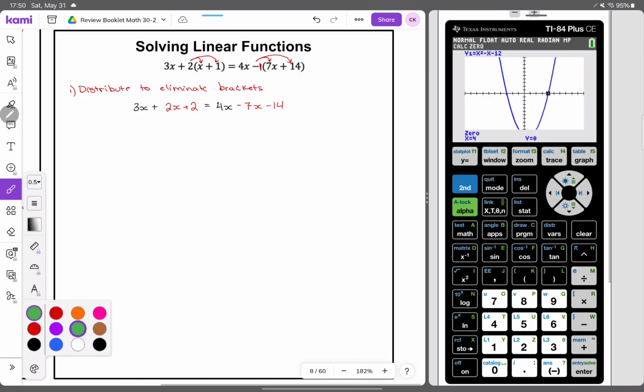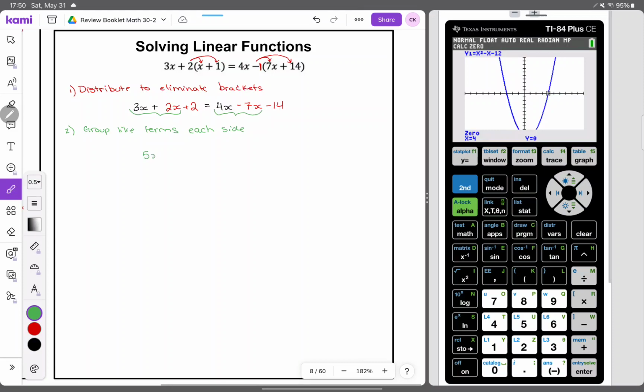So we can simplify each side. We're going to group like terms on each side. So these two can get grouped together, and these two can get grouped together.